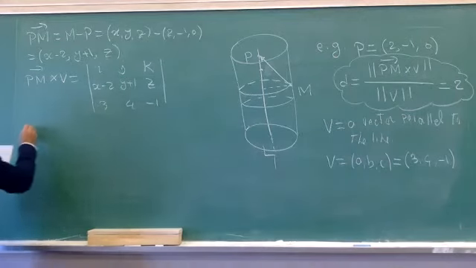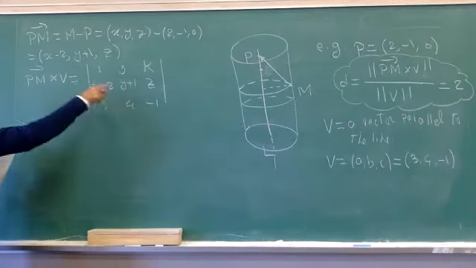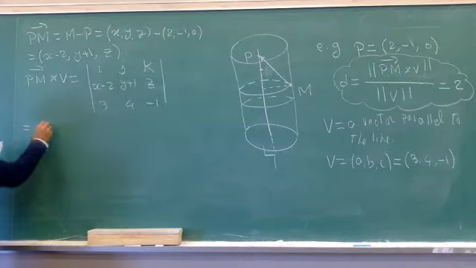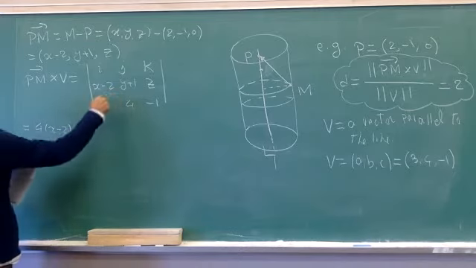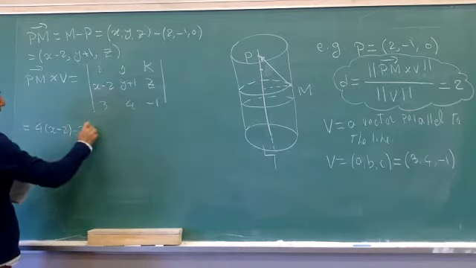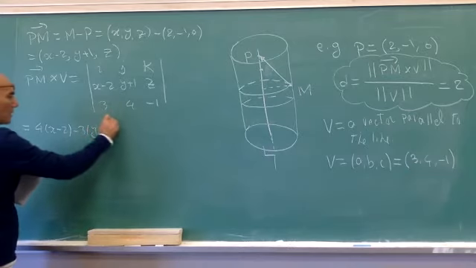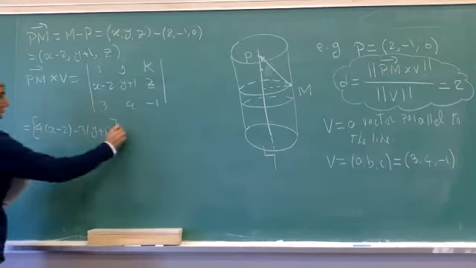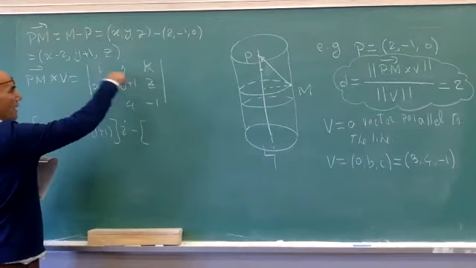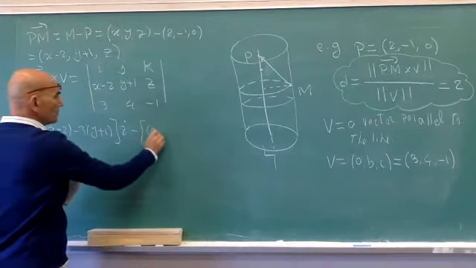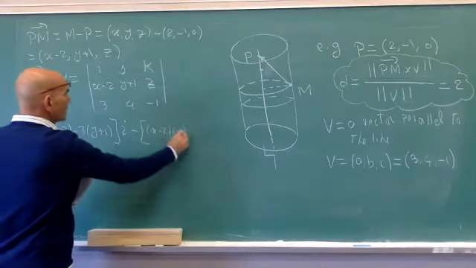Right? So this is equal to, we just write 4 times. Now you should watch me because I'm prone to making a lot of mistakes. So be careful, minus 3 times Y plus 1. The whole thing is I, minus, now the second one is X minus 2 times minus 1.